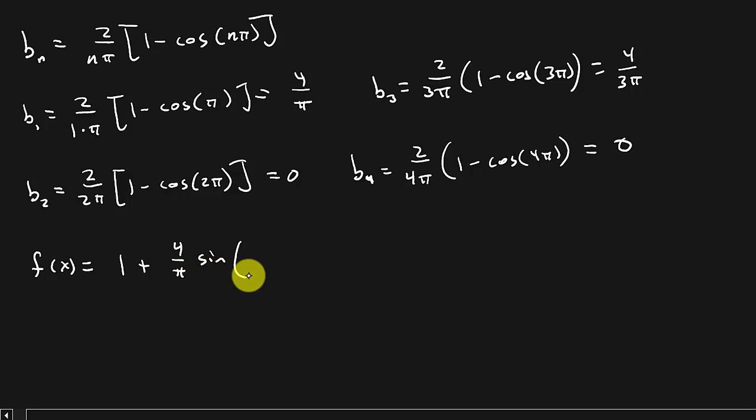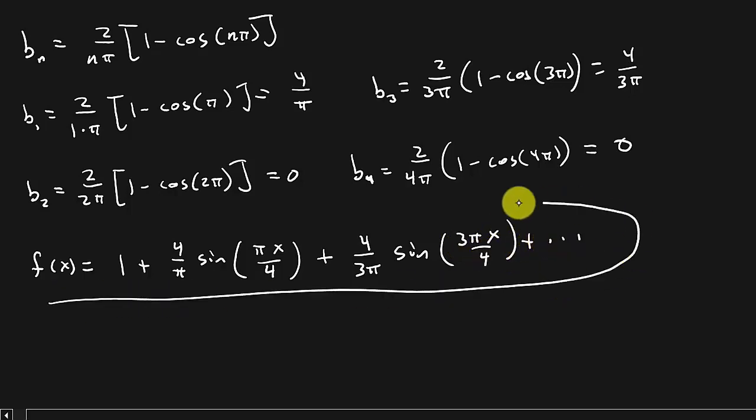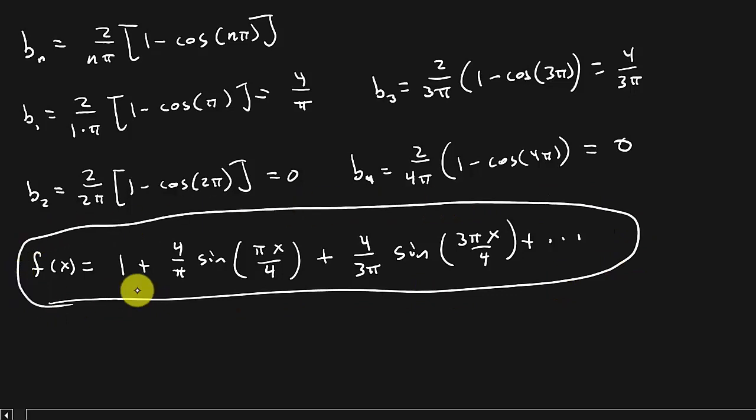In this, remember, n is 1, so that's 1 pi x over 4, plus 4 over 3 pi times sine, and in this case n is 3, so that's 3 pi x over 4, plus dot dot dot, and that would be your answer right there.